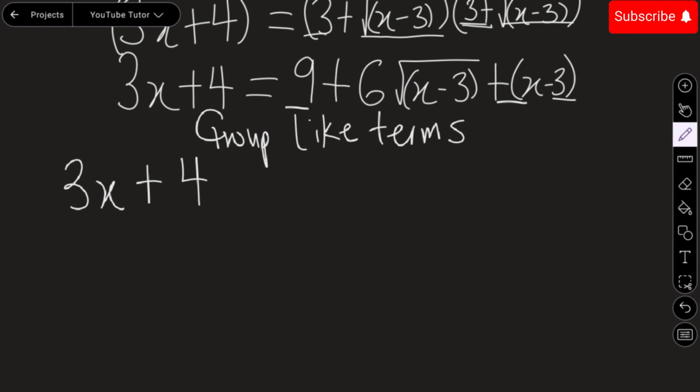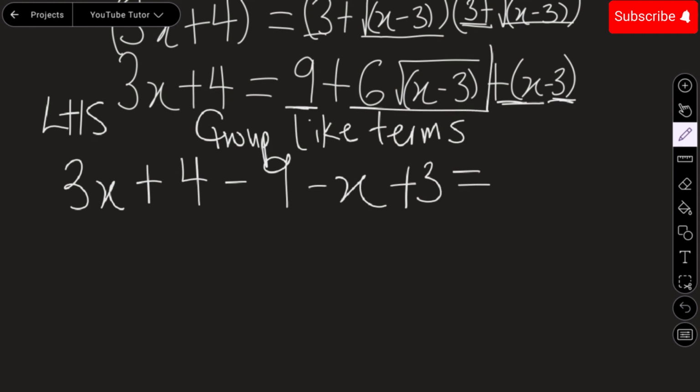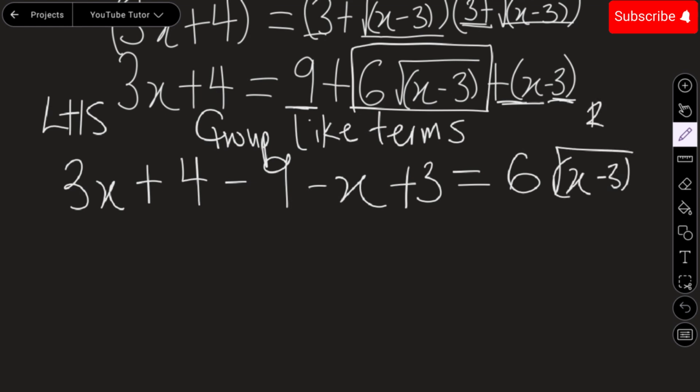We can bring all of it to the left hand side of the equation. When positive 9 comes here, it becomes negative 9. Positive x becomes negative x. Negative 3 becomes positive 3. So now equal to only this, which is maintained on the right hand side.